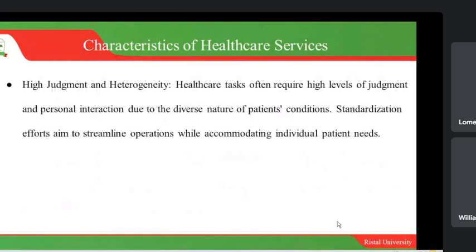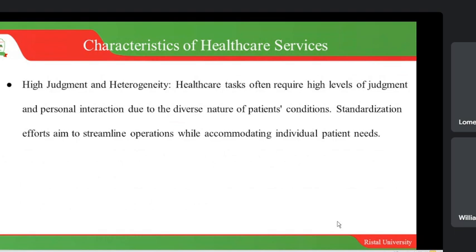And finally, as the last characteristic, we have high judgment and heterogeneity. So that is to tell us that healthcare tasks often require high levels of judgment. So this is an area that requires high levels of decision making, also personal interaction due to the diverse nature of patients and conditions.